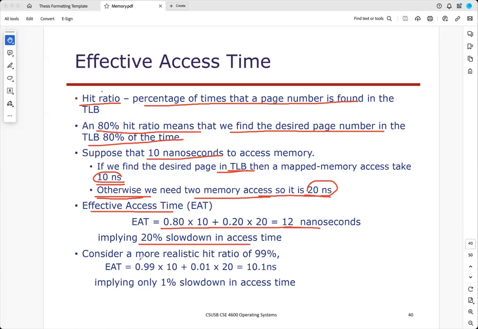Now, with a more realistic hit ratio of 99%, the effective access time is 99% times 10 nanoseconds for one memory access, plus 1% of the time we need two memory accesses, 20 nanoseconds. So the effective access time is 10.1 nanoseconds. This means a 1% slowdown in the access time. So we can see the TLB can efficiently solve the two memory access problem.